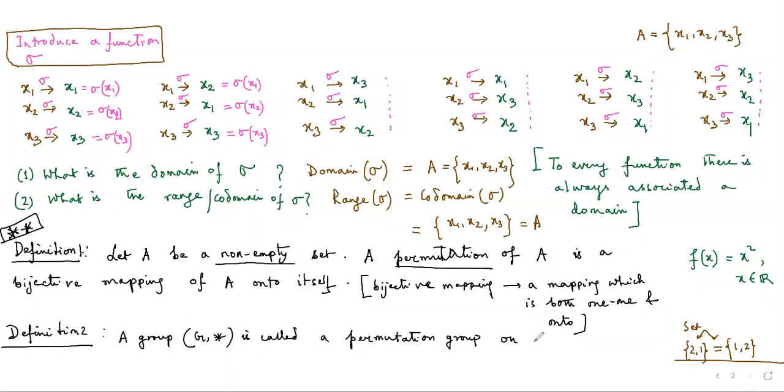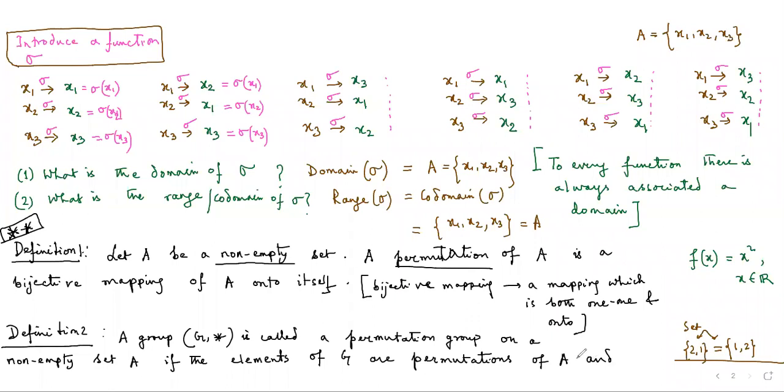on a non-empty set capital A, if the elements of G are permutations of capital A, and the operation star is the composition of two mappings.